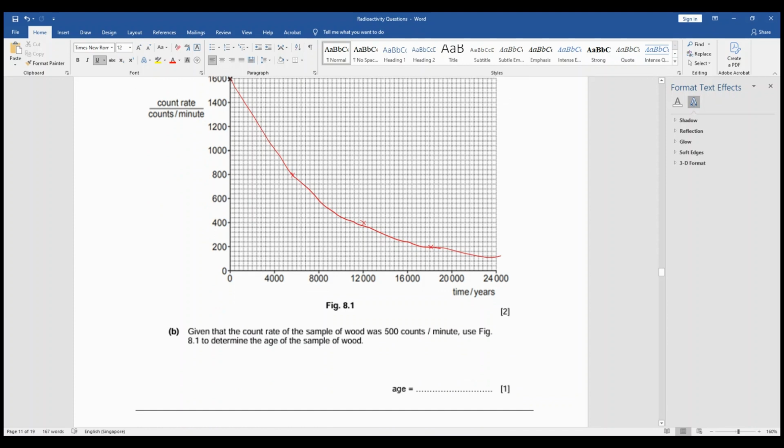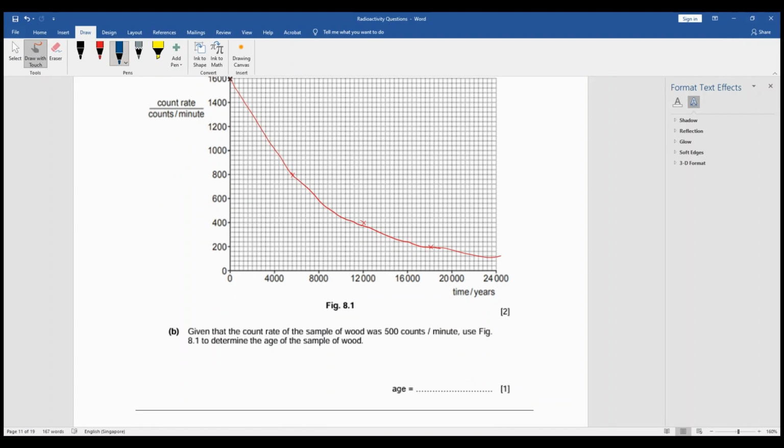Given that the count rate of the sample of wood is 500, use figure 8.1 to determine the age of the sample of wood. 500 is about here. I'm just going to dot over, but I'm going to use a different color. 500 is about in between this. This is so hard to draw here.